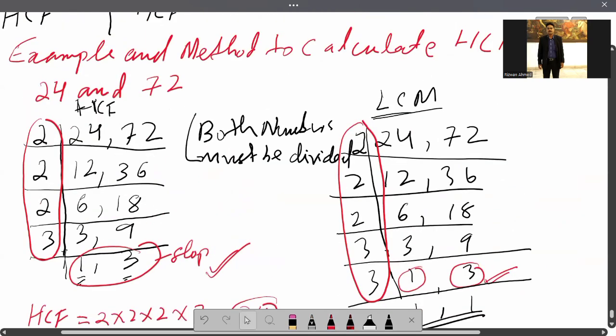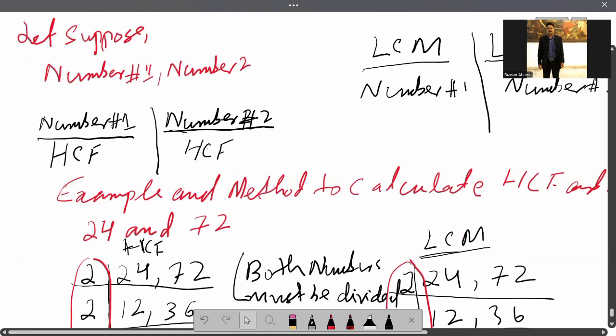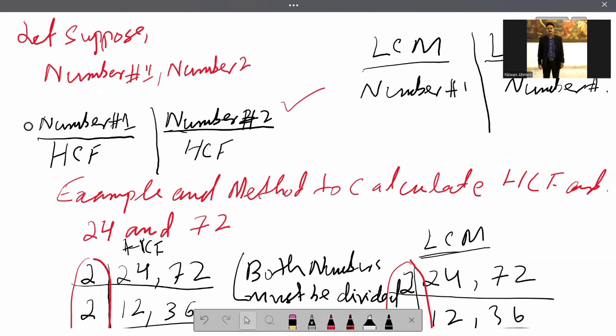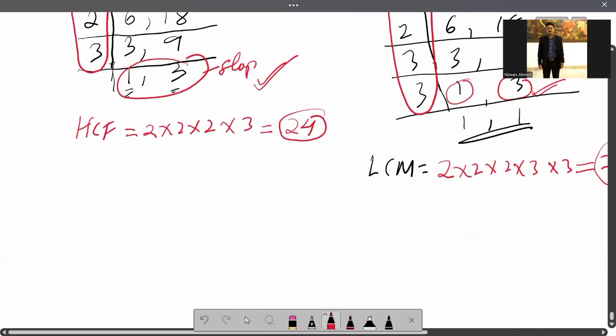Now how do we check that our method is correct or not? Look at this one. For HCF, the numbers must be divisible by the HCF. Means if we put 24 here and divide by HCF 24, it is divisible.